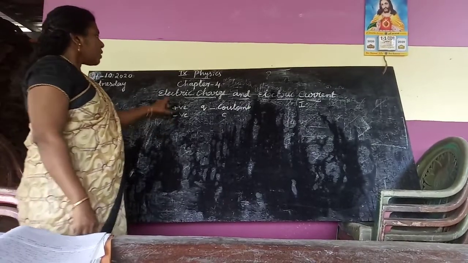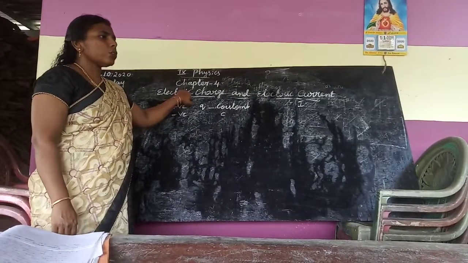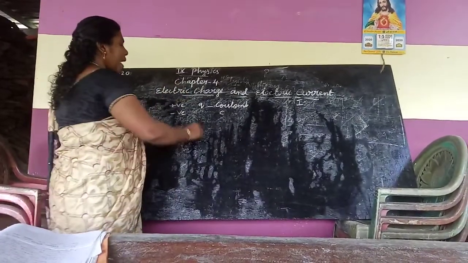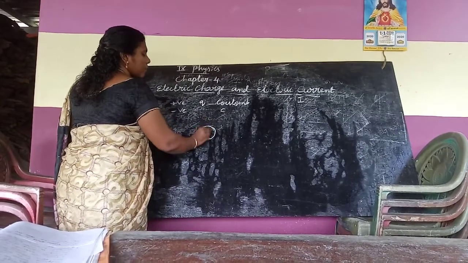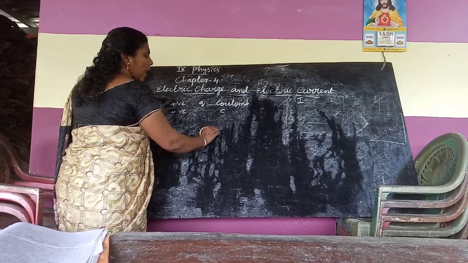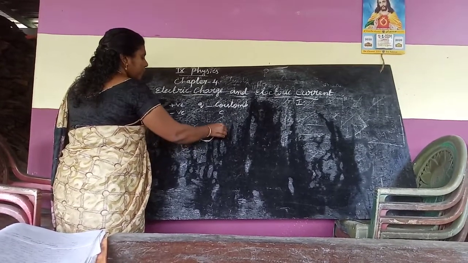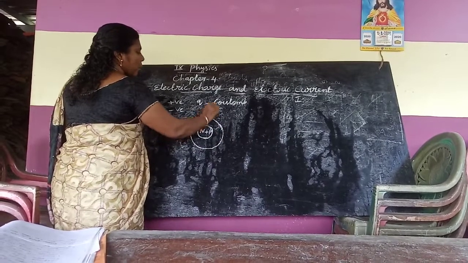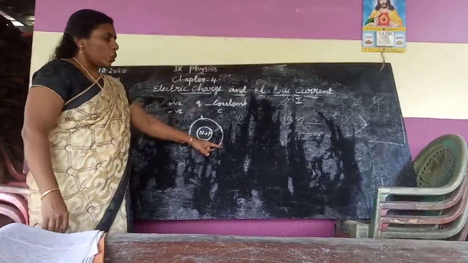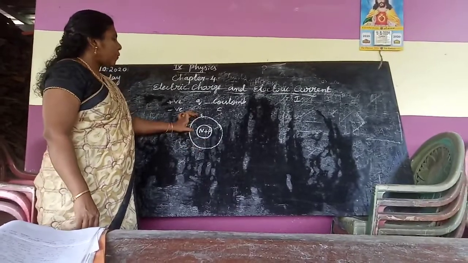Yes, listen. First, electric charge. You all know the atom consists of a nucleus. In this nucleus, what are the charges? Neutrons and protons. Around the nucleus, electrons are revolving. This all of you know. Now, we can see the charge.